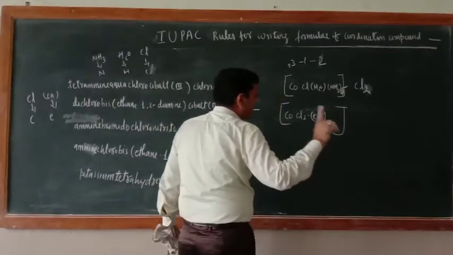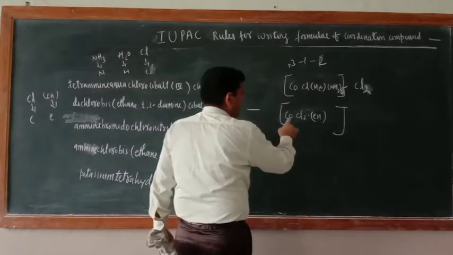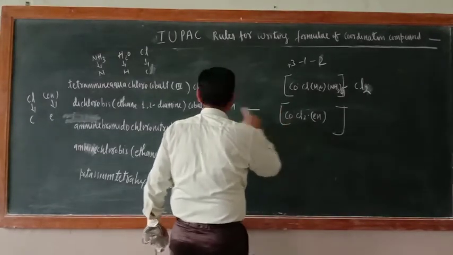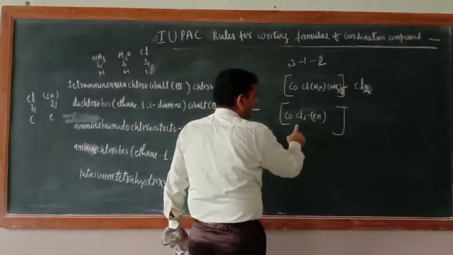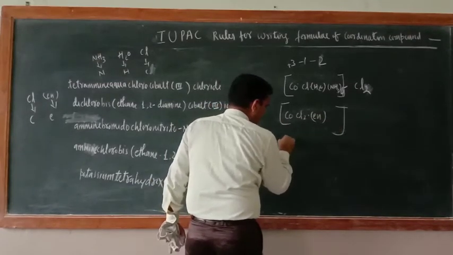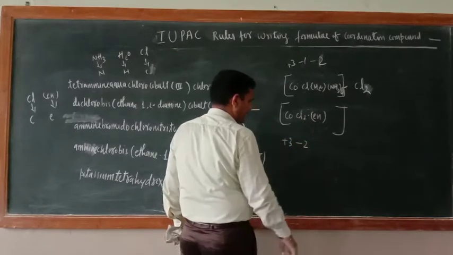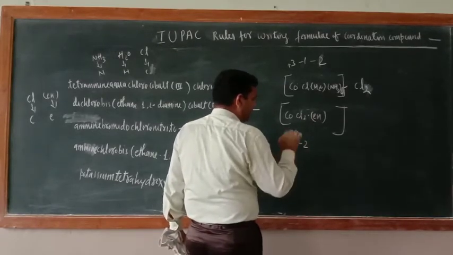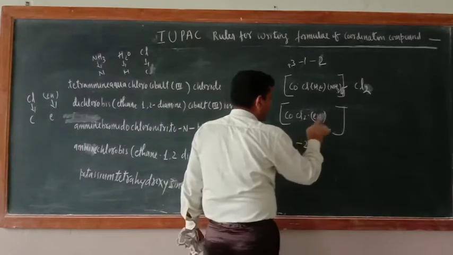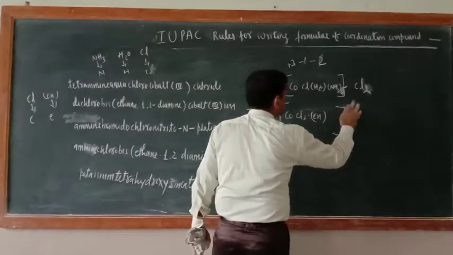Now just see here. Total number of positive and negative charge should be equal. What is the oxidation state of cobalt here? Third they have given. Now see, cobalt +3. Now chlorine -2. Now try to understand here. One more charge should be there, then only the total number of positive and negative charge will be equal.